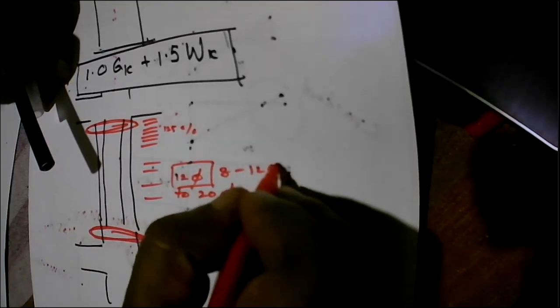Because of that, we can have closely spaced links in these areas. Something like 125 center to center could be common in this area, but in other areas you can go for something like 12 times diameters to 20 times diameters. And I generally prefer something like 8 to 12 times diameters for the links in the column.